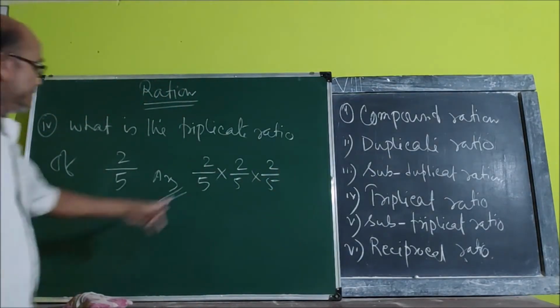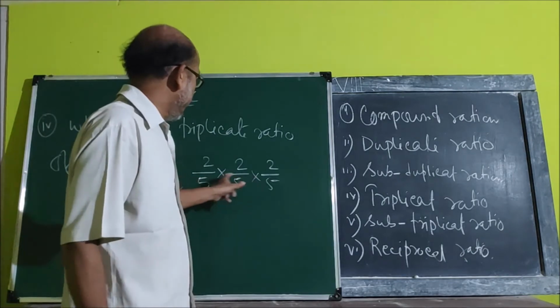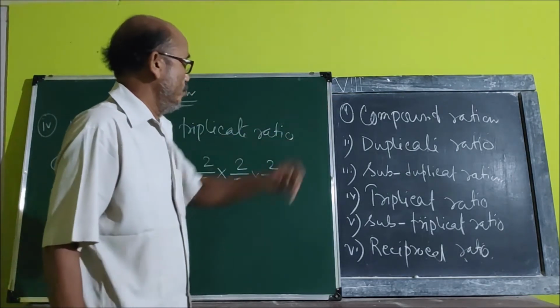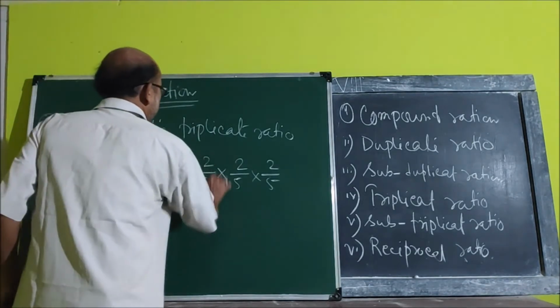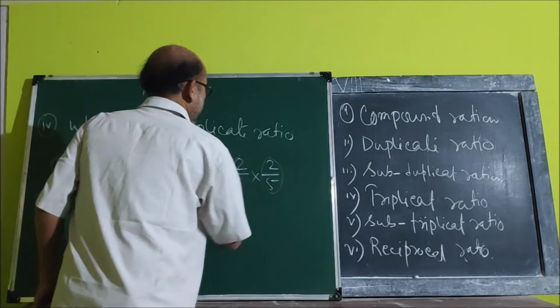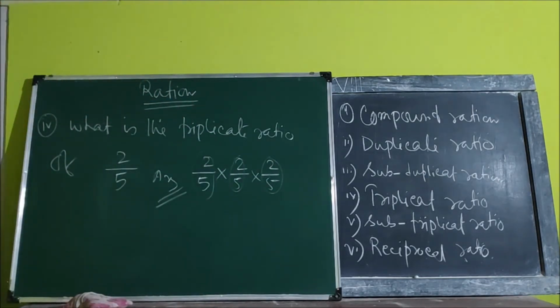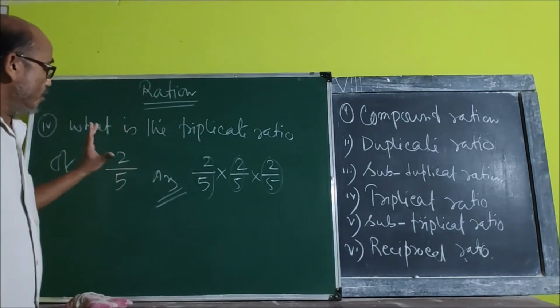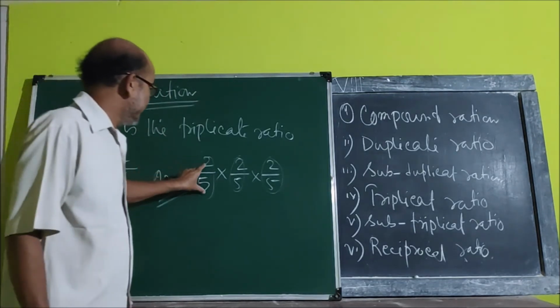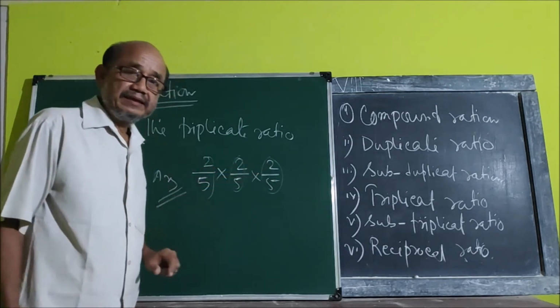This product here is considered a compound ratio. So the triplicate ratio is compounded with 3 equal ratios, the product of 3 equal quantities.